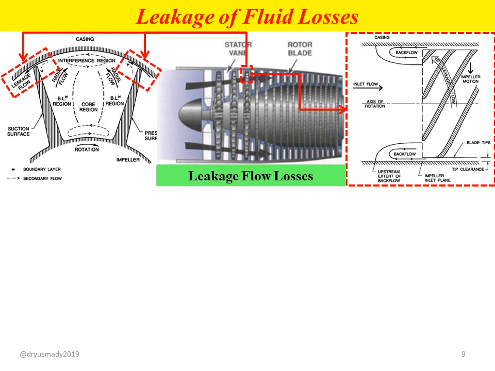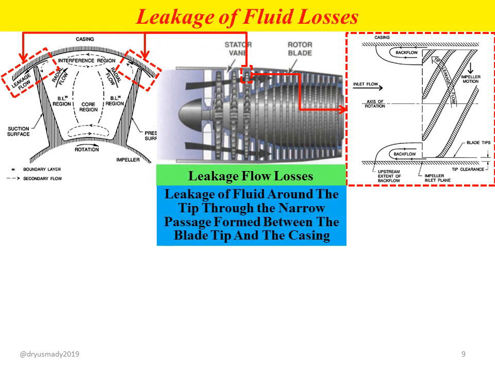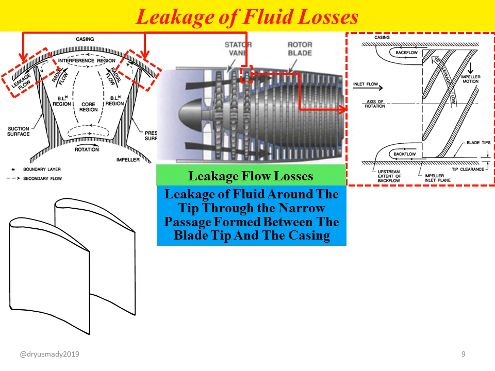Leakage flow losses actually refer to the leakage of fluid around the tip through the narrow passage formed between the blade tip and also the casing, as I mentioned before.